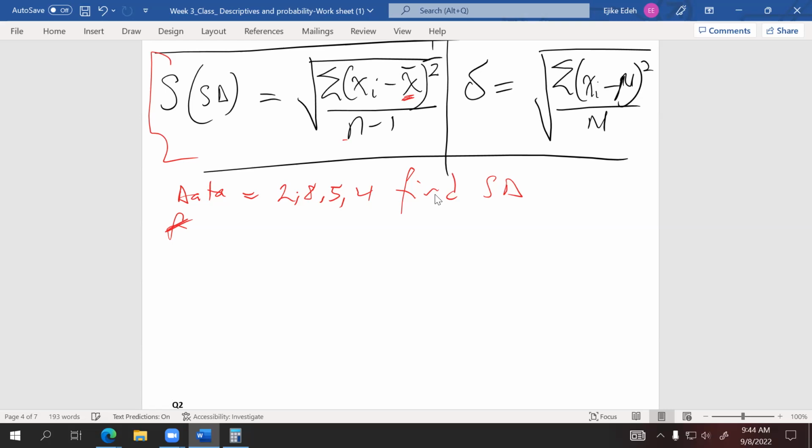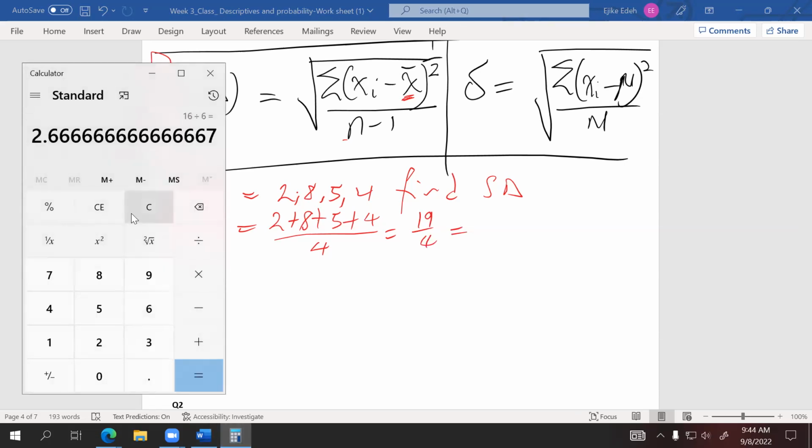What you don't have right now is the mean, so you want to work that out first before you start computing. Your mean, of course, is the sum of data divided by the number of data. So this will give us 10 plus that is 19 divided by 4. Anyone with a calculator close by?